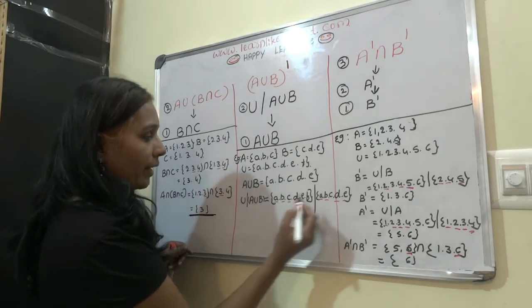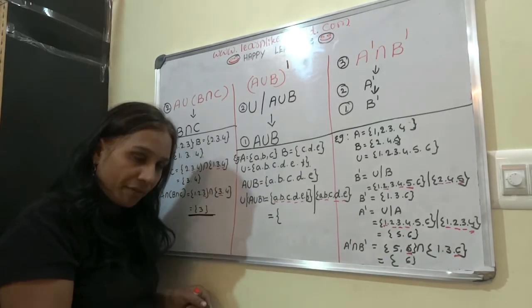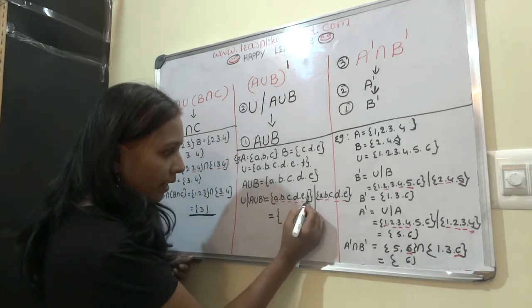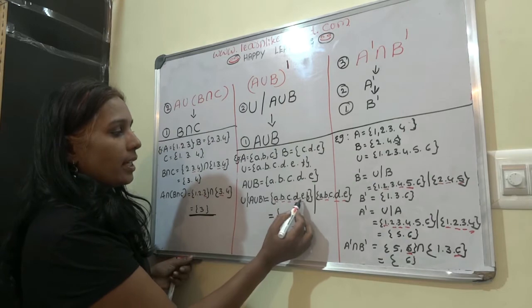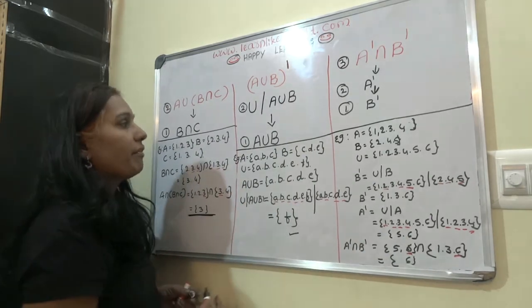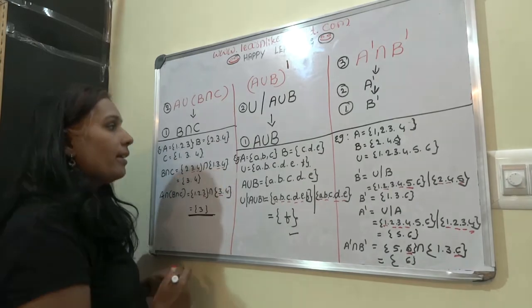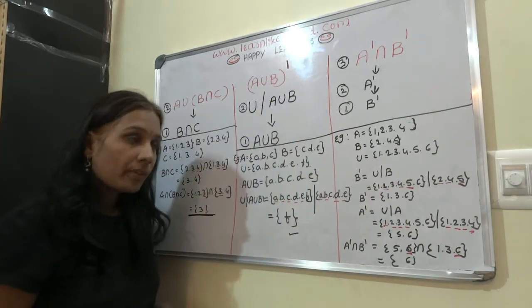These are common elements. After leaving the common elements, I will be left with only F, because A, B, C, D, E are common elements. So F will be our final answer, and that will be our A union B complement.